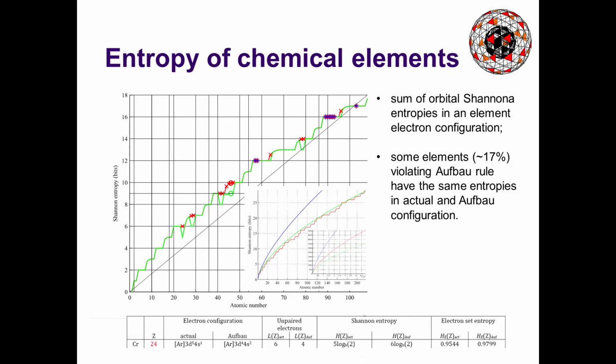The most remarkable is palladium. However, it turned out that even those Aufbau violators that have a different configuration as measured in experiment than the one provided by the Aufbau rule still have the same entropy.